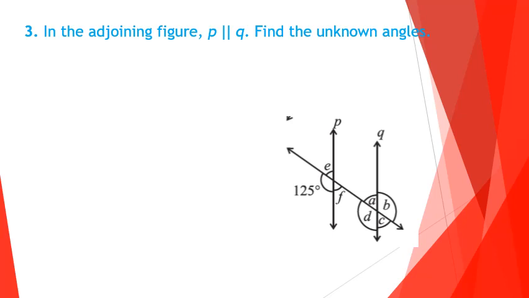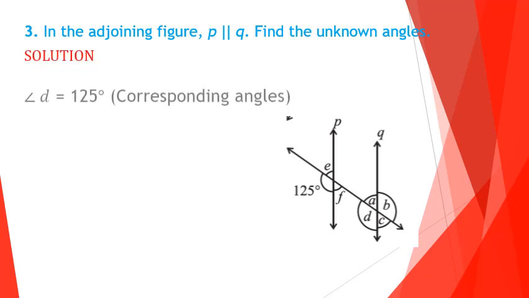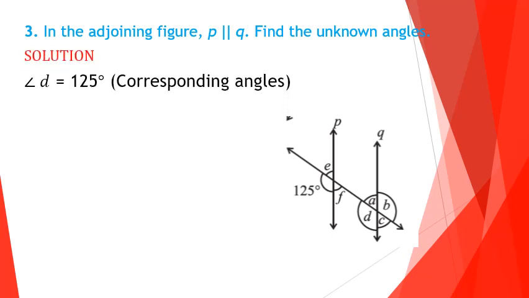Let's see how to solve, by using the properties of angles formed when two parallel lines are intersected by a transversal. So the first given angle is 125 degrees. Therefore, angle D equals 125 degrees because they are corresponding angles.